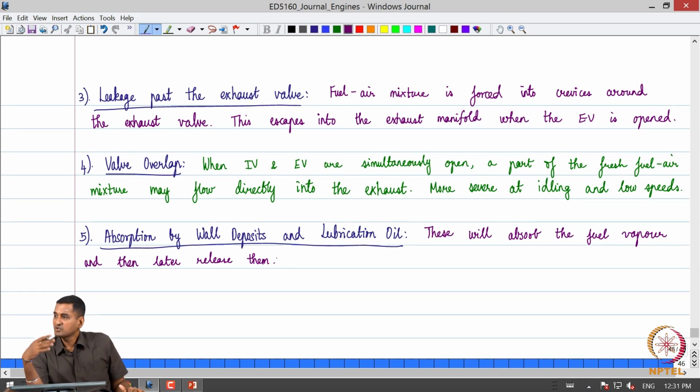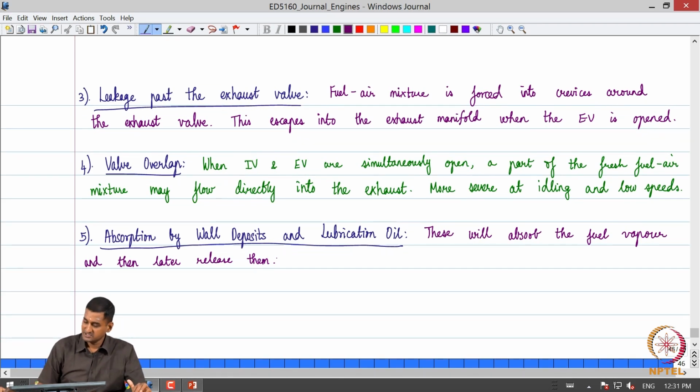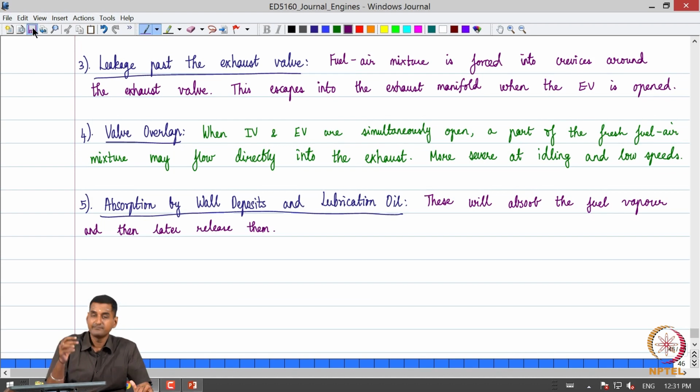As the engine ages, the lubricating oil film may become thick, and a part of it may get peeled off with continuing operation and come through the exhaust. All these factors contribute to hydrocarbon emissions in engine exhaust.